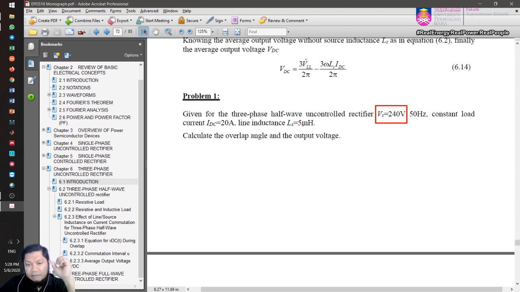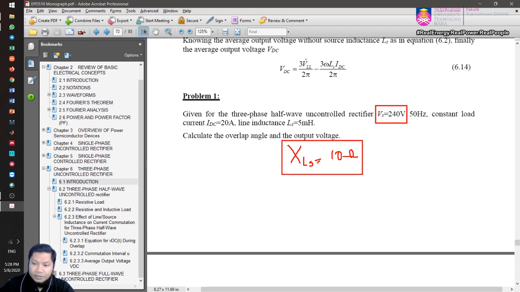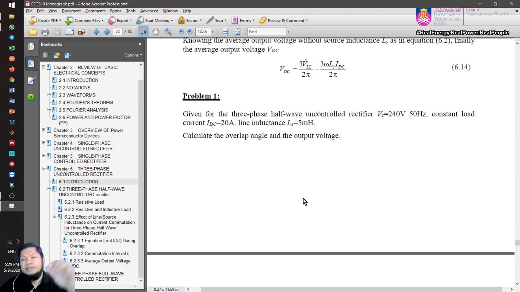Line inductance 5 millihenry. Sometimes you are given XLs, for example 10 ohm. So you have to be careful. This is reactance, this is inductance, so you have to modify the equation there. That is problem 1.